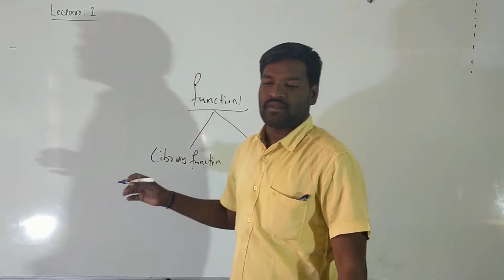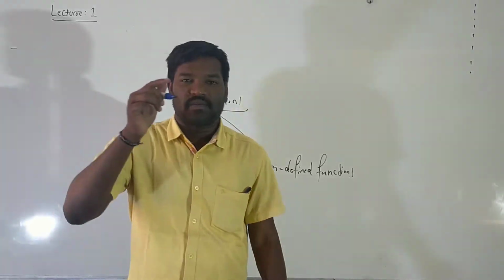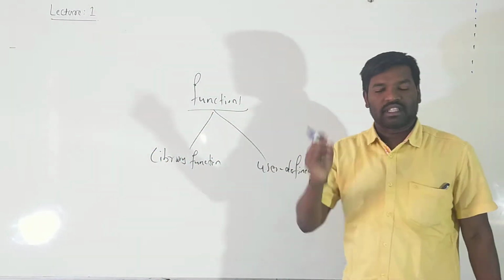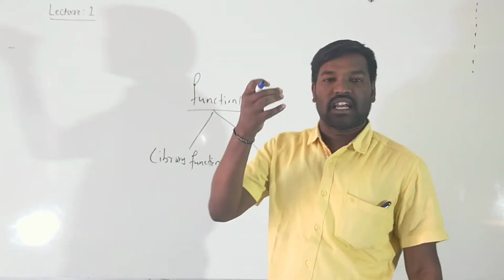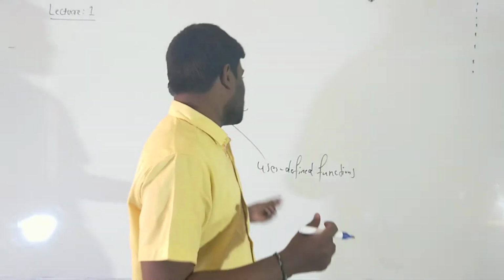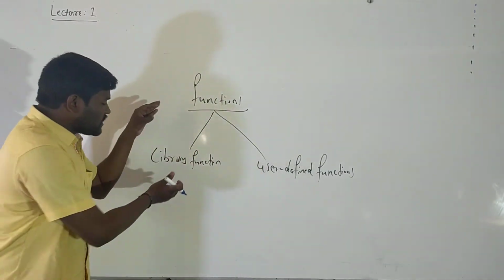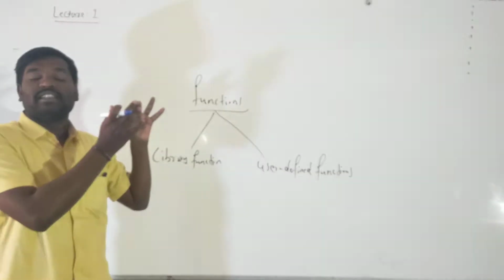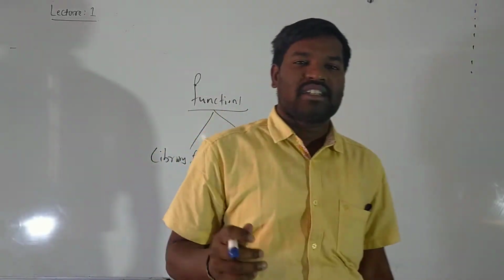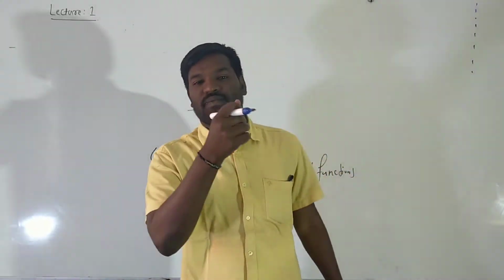Here the library functions are nothing but the functions which are already developed. With the help of header files we can access those functions. Those functions are the library functions. Library functions are inbuilt functions. It means that someone has already defined the function, and we are the users who use that function.